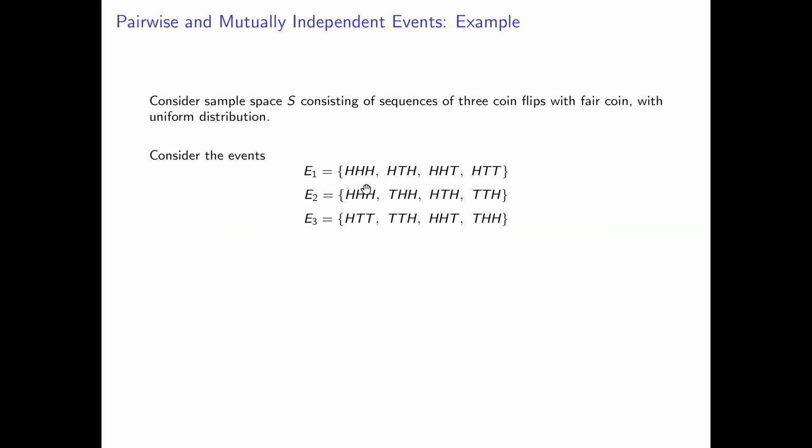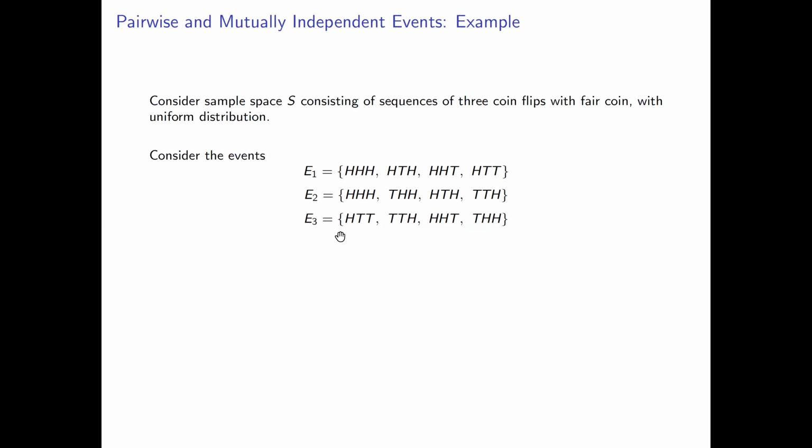So E1 is this event. Notice that E1 is the event of all sequences of flips where the first flip is a heads. If I look at E2, looking at it for a minute, you can see that E2 is the event where the third flip is heads. On the other hand, E3 is a little bit more involved.